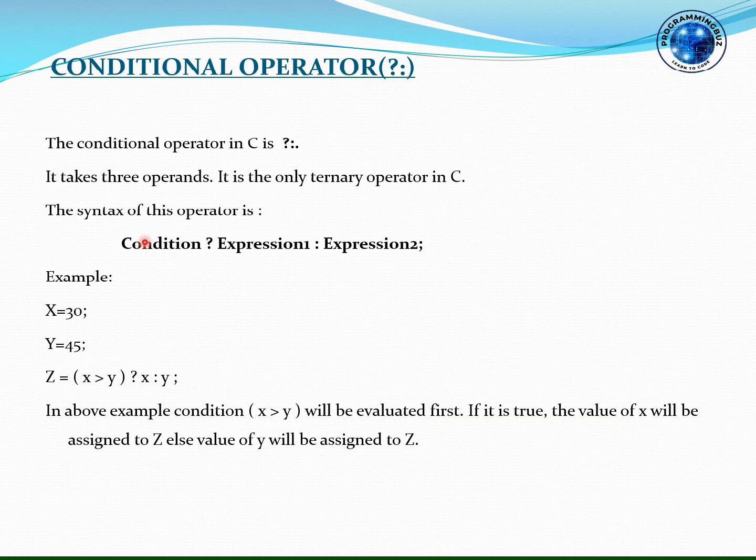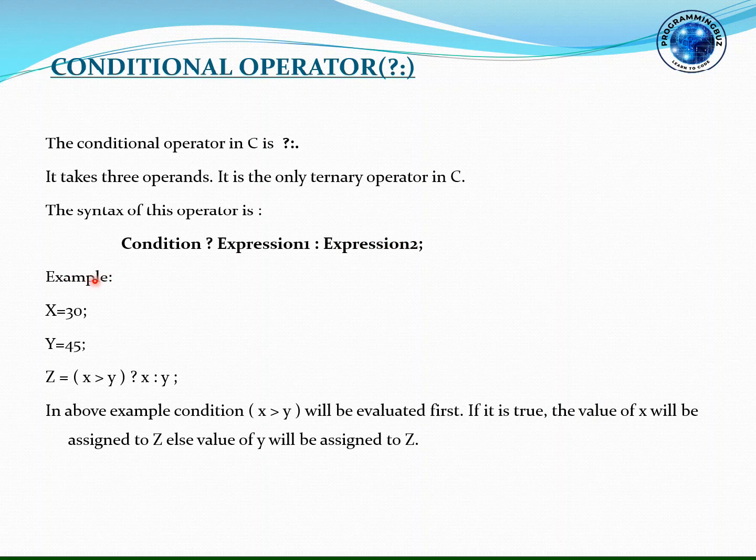But if the condition is false, then expression 2 will be evaluated. So this operator will give you the result according to the result of the condition. If it is true, then expression 1 will be the answer, and if it is false, then expression 2 will be the result.